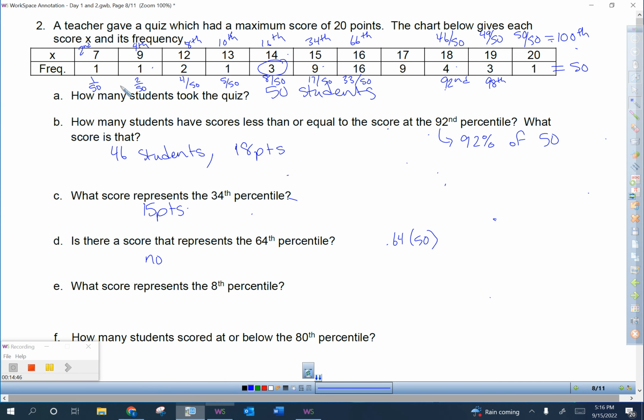If we go through here, and you can look at the top numbers here because we already did that work here, but what you would be doing is counting to find where the 34th person falls in line, and so that would be right over here in this group. But remember, when we're thinking about this like a dot plot, we've got 9 total dots here at this score of 17.